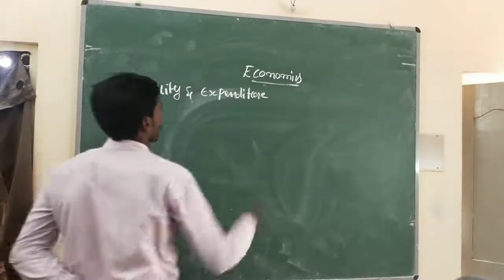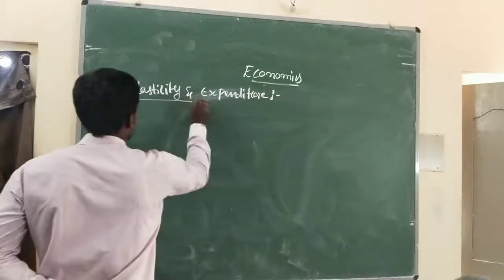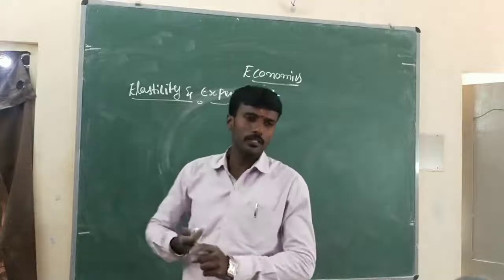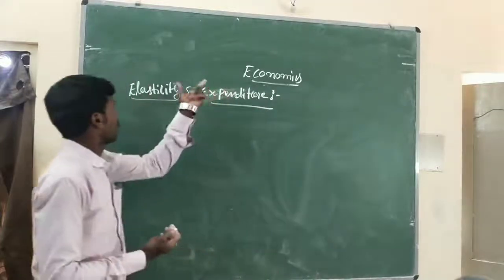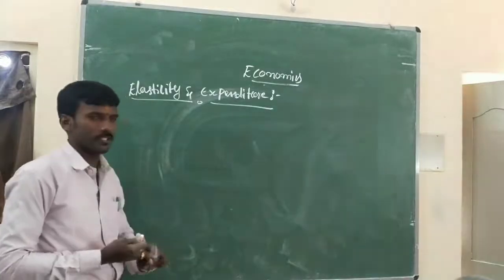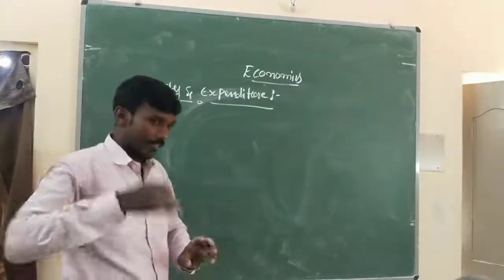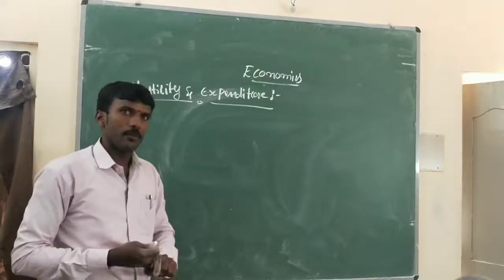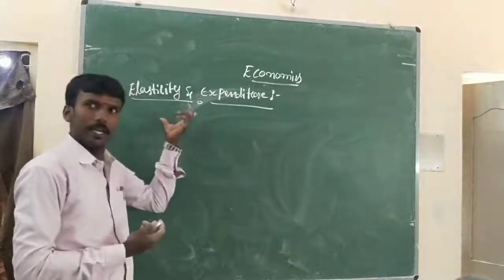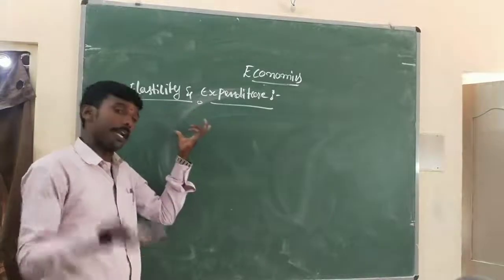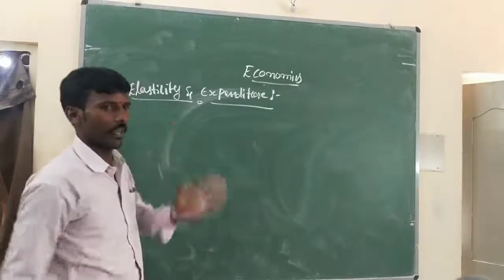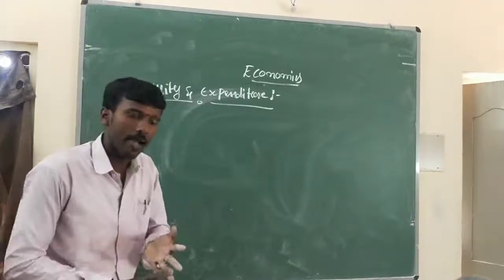See, in the second chapter, the theory of consumer behavior, the last concept is elasticity. Already you know that elasticity is nothing but elasticity of demand. We also call it the price elasticity of demand. Elasticity, elasticity of demand, price elasticity of demand are the same concept: elasticity and expenditure.